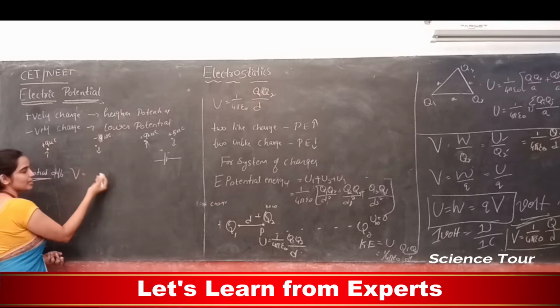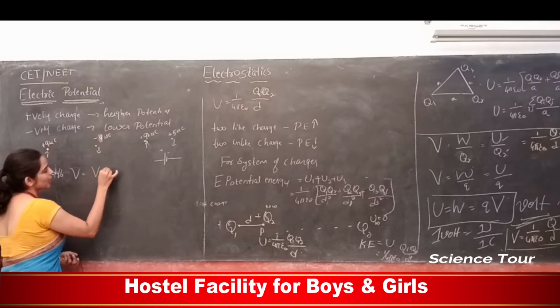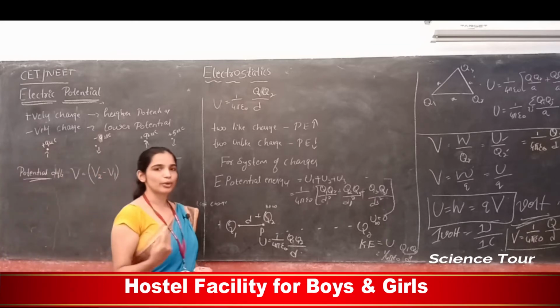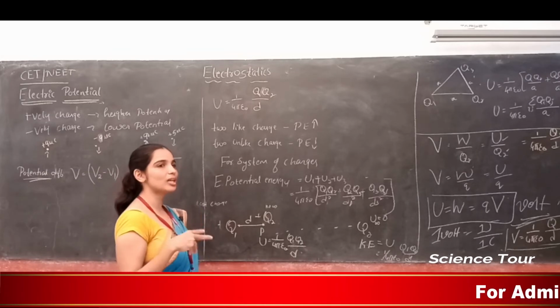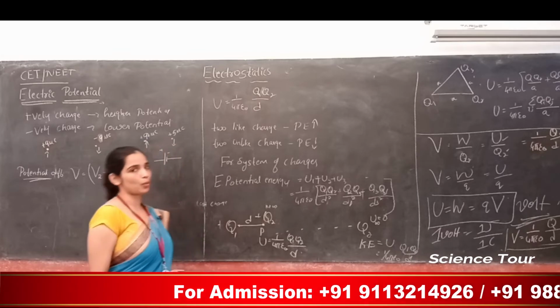Potential difference is the difference between the potentials at 2 points, V2 minus V1.